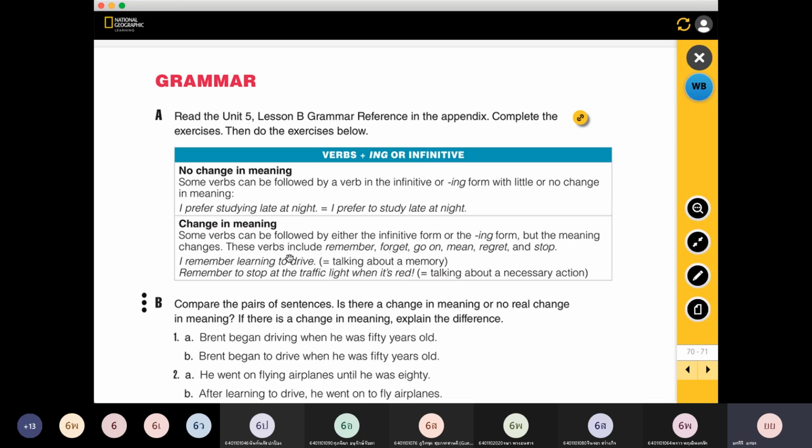You may recall that when we want to express our action, another way we can do it is by using a verb with ing and a verb with infinitive.